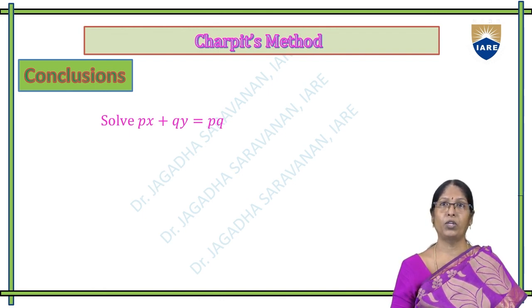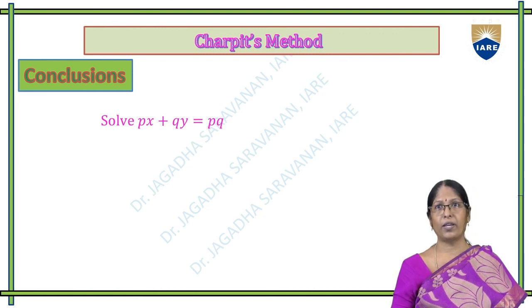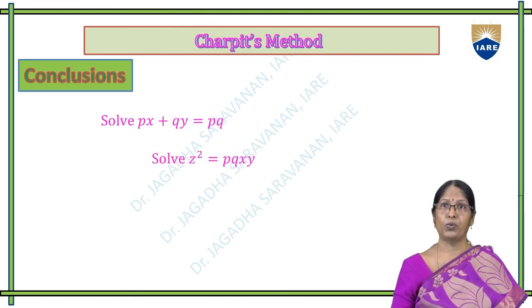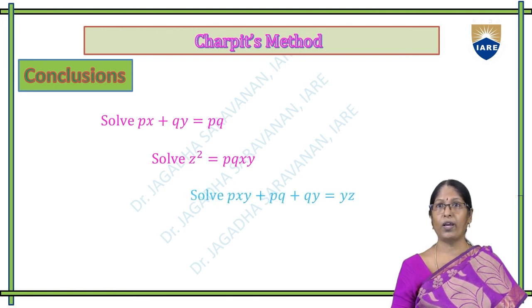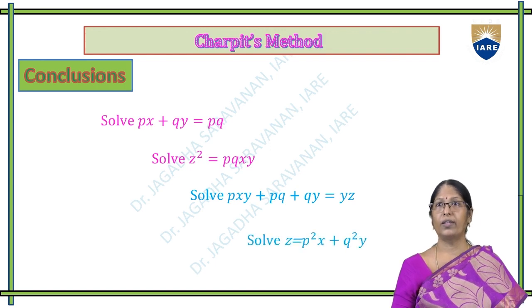After finding p and q, dz equal to p dx plus q dy, and we did the integration on both sides, which is the required solution for our given equation. These are the steps which are followed. 4 problems we have taken. The first one, px plus qy equal to pq, then z square equal to pqxy, then pxy plus pq plus qy equal to yz, and z equal to p square x plus q square y. The different 4 problems we have taken and we discussed them.